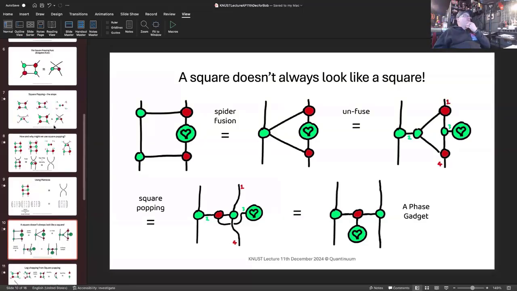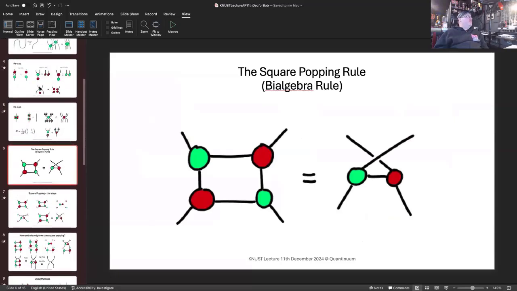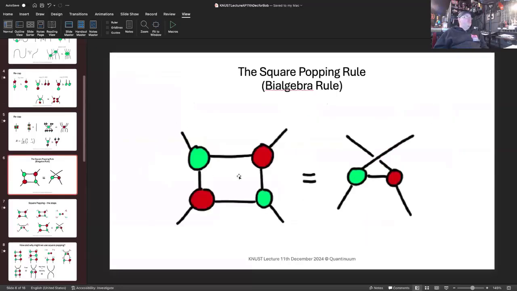Now, okay, so we had this, which I introduced as a new rule. Let's look at the time. Okay, I'm doing good. And then we have this one, which we had before. And you can ask yourself how they're related. Is there any connection between this one and this one?